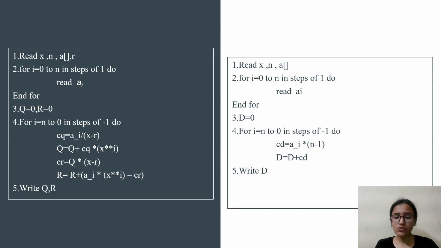From highest to lowest degree, we will compute the derivative of the current term by multiplying the coefficient with the degree of the current term and subtracting 1 from the degree. And then we will add the computed value to the derivative polynomial d. And at last, the result is in the variable d, which we will be returning.